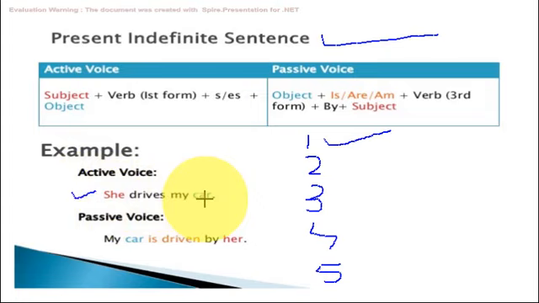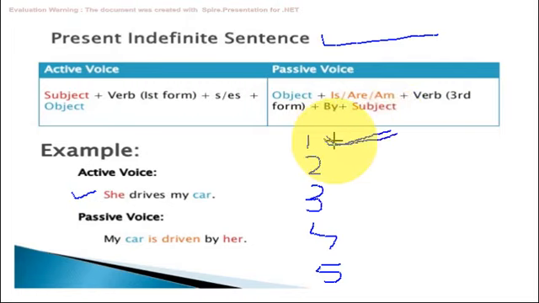That means this sentence belongs to simple present tense. Anyway, now turning to our rules. At first, you have to identify the type of sentence, whether it belongs to simple present tense, simple past tense, present perfect tense, present continuous tense, whatever it may be.